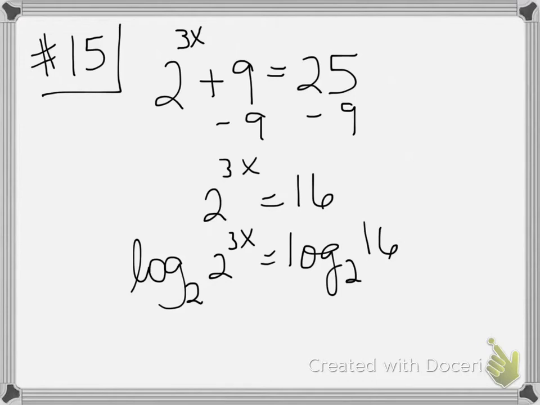Number 15, I've worked mostly out already. The first thing you have to do is subtract the 9 from both sides because we need the 2 to the 3x to be isolated. So now we have 2 to the 3x equals 16. Then to get rid of the 2, we do log base 2 on both sides. So here's where we are now.